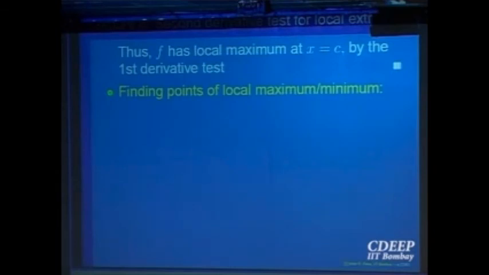Keep that also in mind. c was inside the open interval (a, b), and a point of local maxima or minima implies f prime at c is equal to 0. So c has to be an interior point, and if it is differentiable, the derivative is equal to 0. So the possibilities are: look at the interior points of the domain of your function, and look at the points where the function is differentiable and the derivative is equal to 0.